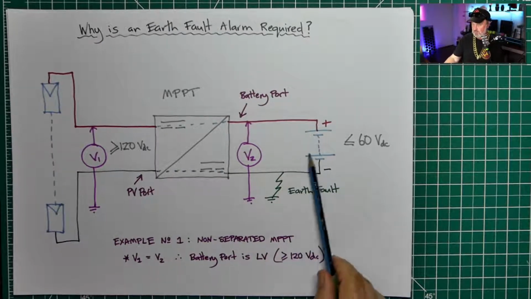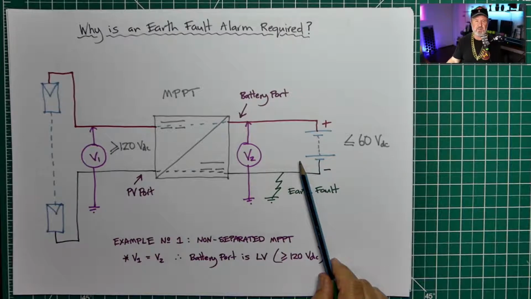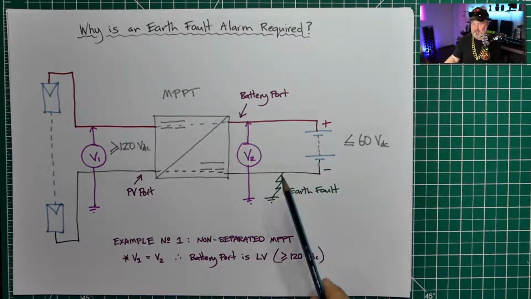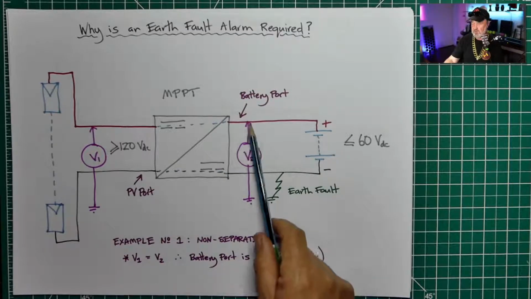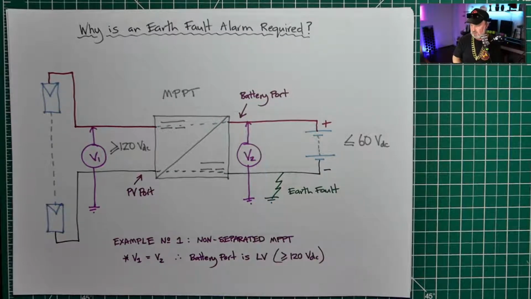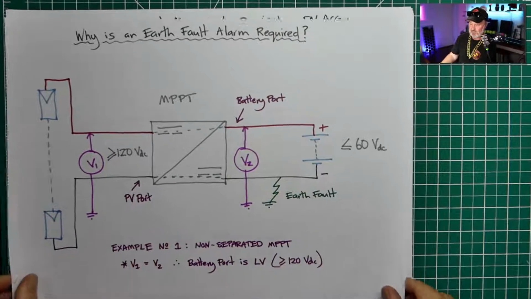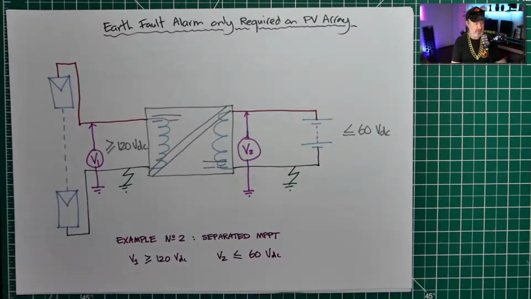So suddenly the battery port has been raised to an LV level. And that's a hazardous situation. So in the case of a non-separated MPPT, we need to have an earth fault alarm because that potential can exist. And you might be asking me, what's the norm? Well, actually, the norm is non-separated MPPT. So they're pretty common. Let's look at the next slide.